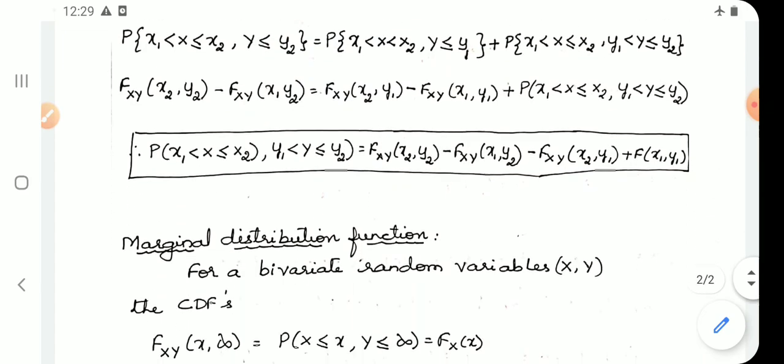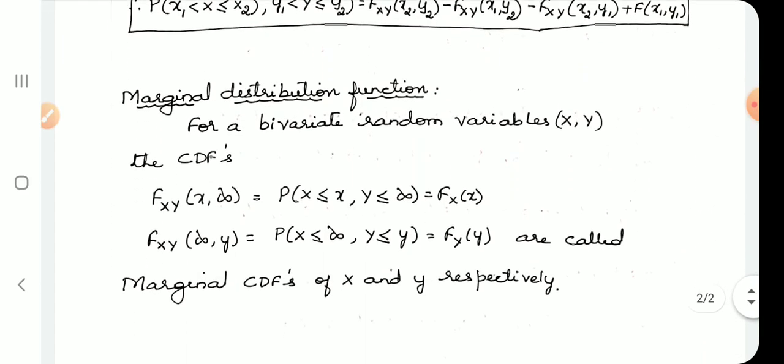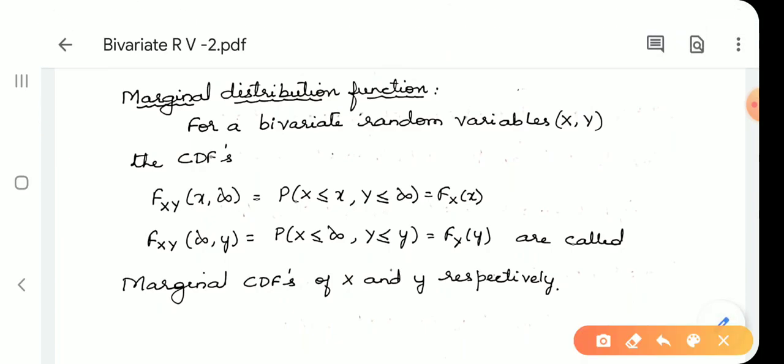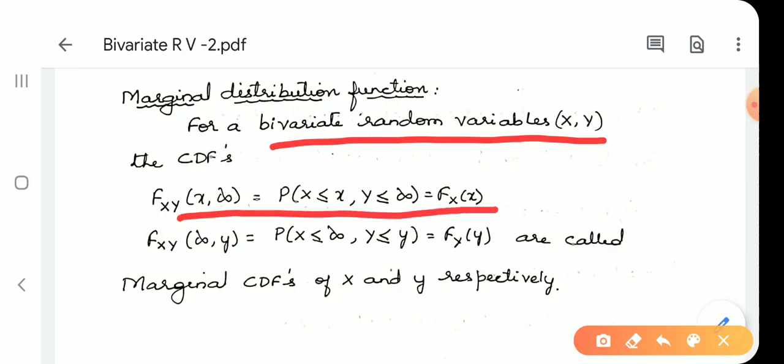Now let us move on to the next important definition, marginal distribution function. For a bivariate random variable XY, the CDFs are written as F_XY of x comma infinity is equal to P of X less than or equal to x, comma, Y less than or equal to infinity, or else it can be represented as F_X of x.